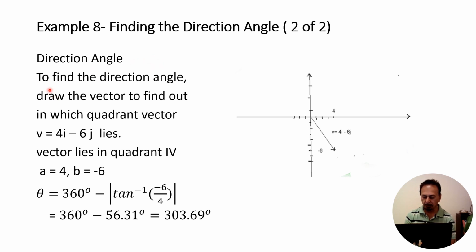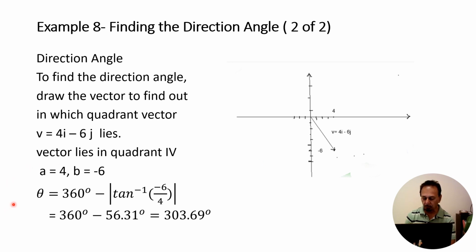To find the direction angle, we draw the vector to find out in which quadrant the given vector lies. If you see this, 4 units go to the right and 6 units go down. I think it should be this point, and connect this one, and it looks like this is in quadrant 4.